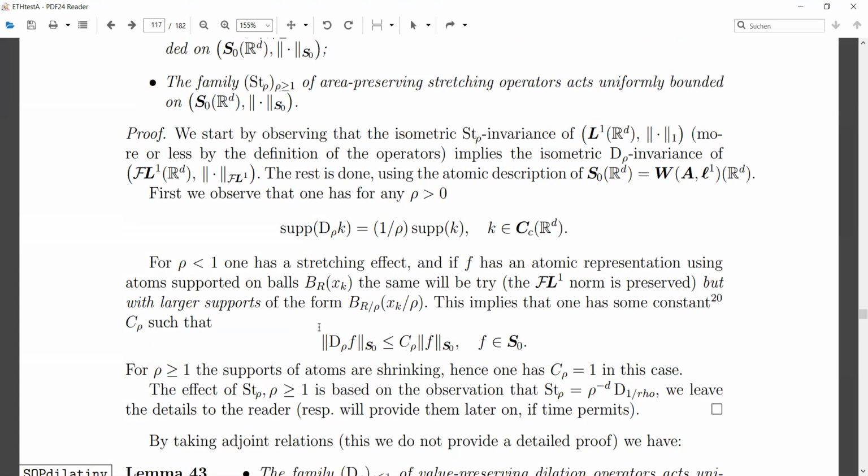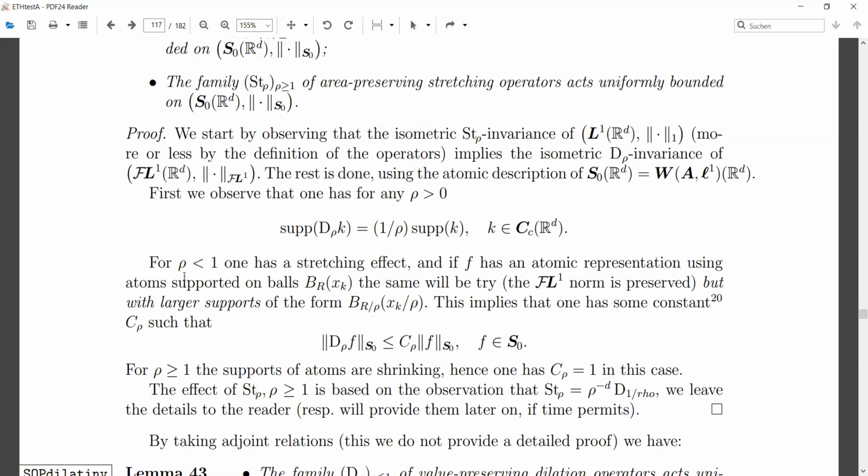So in this case, we even have this situation. Okay, I see. Now, if you would have a general rho, even one which is doing a stretching, then you would have atoms which are not living in the same ball. And therefore, you would have a constant which depends on the size of the ball. Remember, we had an equivalence constant for every radius. So also for the new radius, r divided by rho.